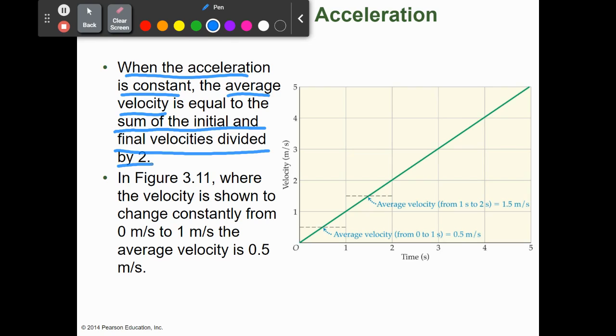Now that's only when acceleration is constant. Remember, the slope of this line is acceleration. So when the slope of that line is constant, then we can say that the average velocity is final plus initial divided by 2. Just take the average.